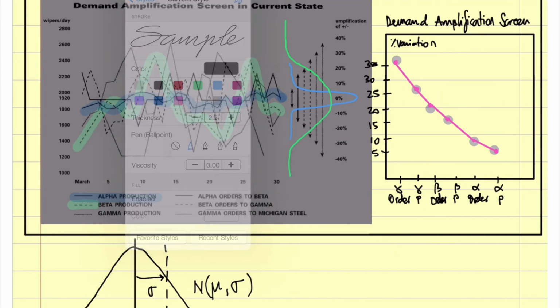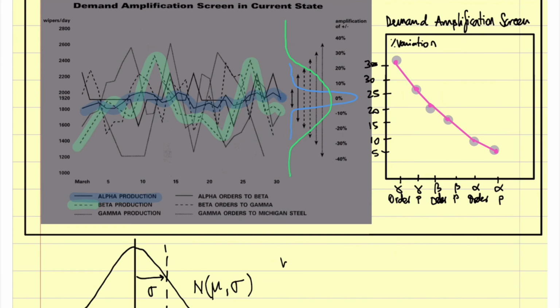Yes, the variability is reducing along the value stream. We saw that yesterday with the inventory.